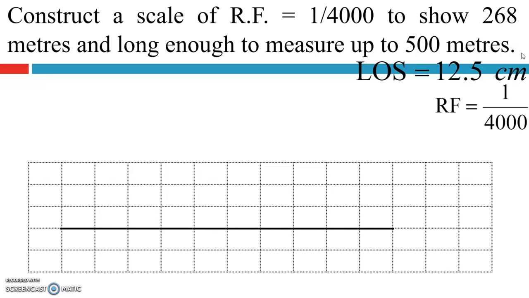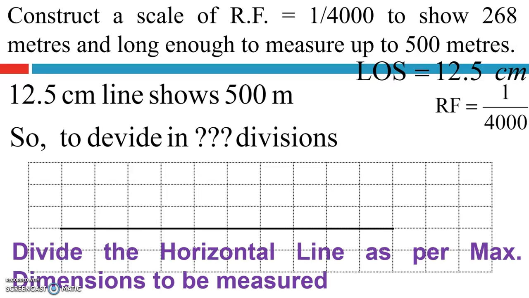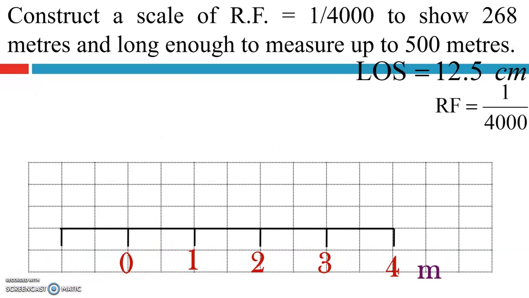In a similar fashion, if I divide this line into 5 equal divisions, what dimension will be represented by one division? Yes, it is 100 meter. So it is good for us. So we are going to divide this line into 5 equal divisions.